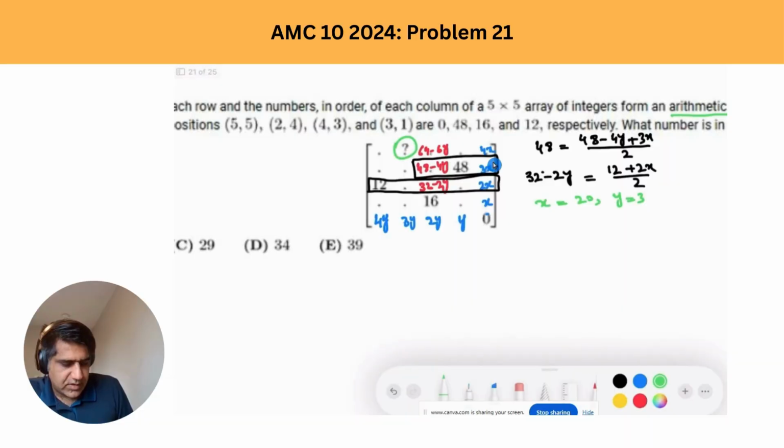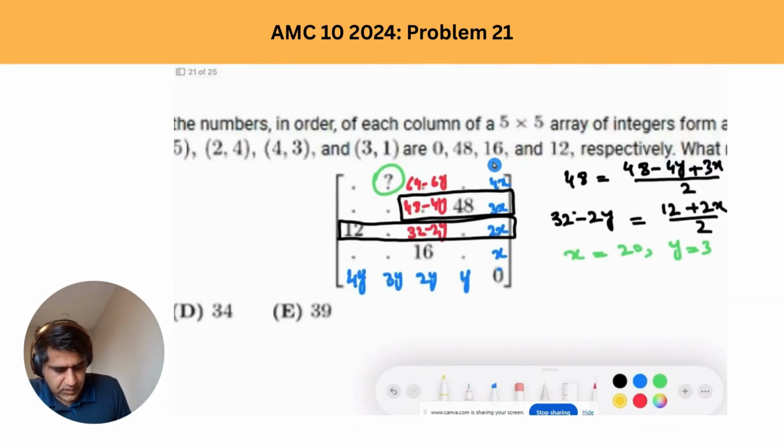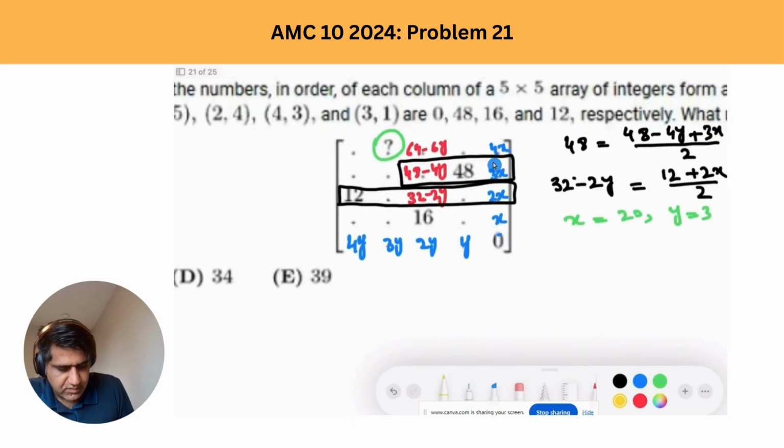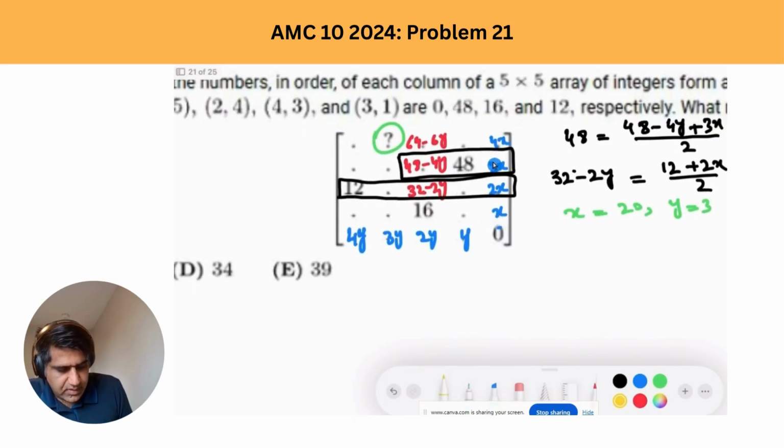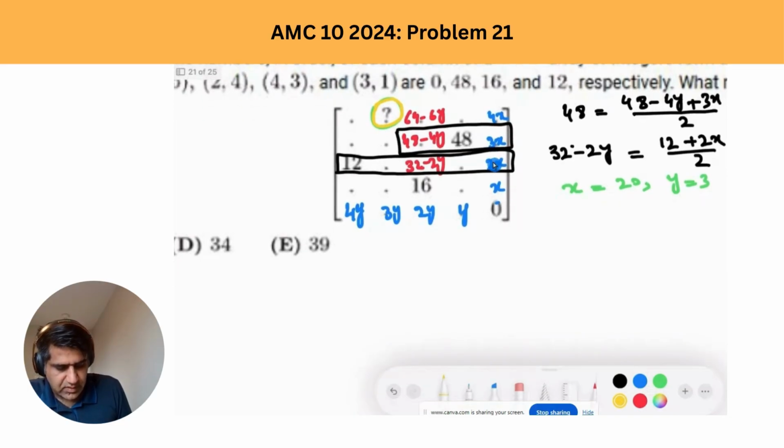And once we have these values, we can plug them back into the matrix that we are given and see what we get. Since I am interested in the first row, I will only focus on that. In the first row, the first element is unknown.